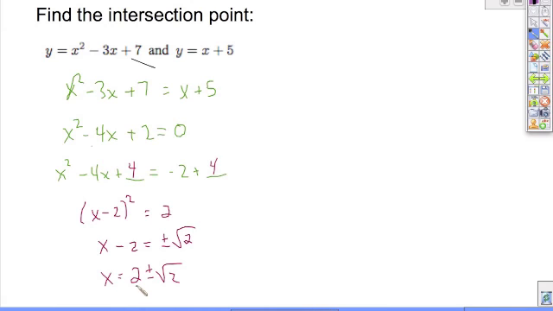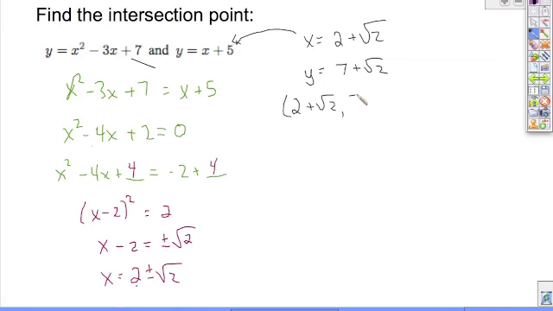So if I plug x equals 2 plus the square root of 2 in here, we get y equals 7 plus the square root of 2. So one intersection point would be this.